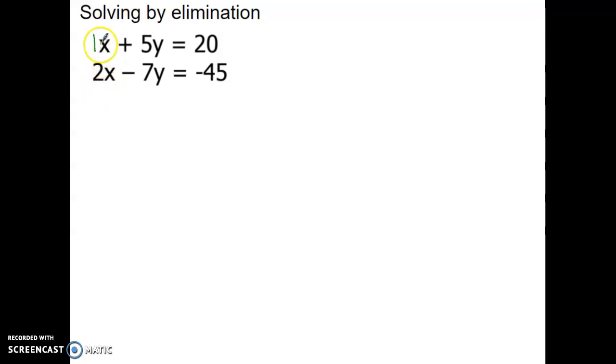So in order for these to go away, I would need one to be a positive number and the other to be a negative number, and I need them to be the same. Since this is already 2, I can very easily turn this into a negative 2 by multiplying the entire equation by negative 2. So negative 2 times 1x is negative 2x.